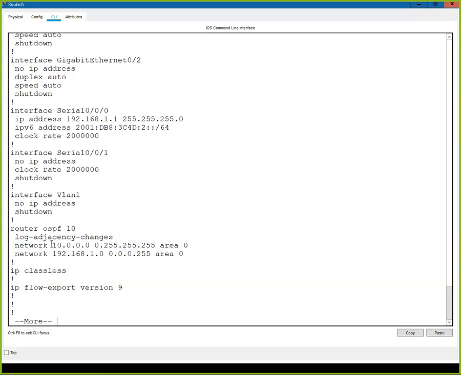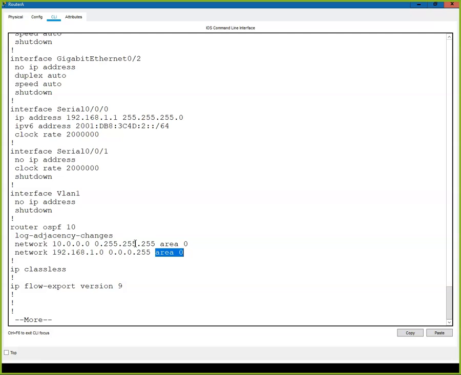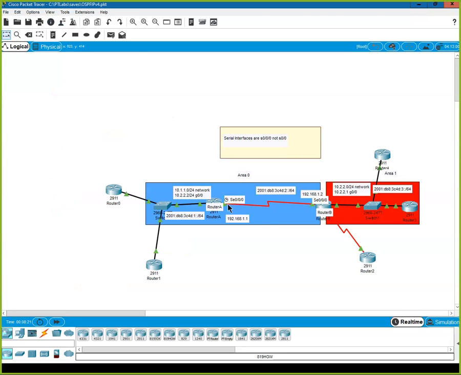Here, I have the networks that I am advertising that are on this device, the 10 network and the 192 network. And then we use a wildcard mask, which is basically an inverted subnet mask. And then the areas that it is going to share its information with, the networks that it's advertising to everybody else.